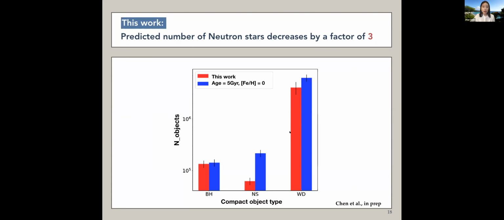We can see the predicted number of neutron stars in this work decreases significantly by a factor of 3. And this will consequently influence the merger rates too. Such a big difference emphasizes the necessity of a more accurate star formation history of the nuclear star cluster.